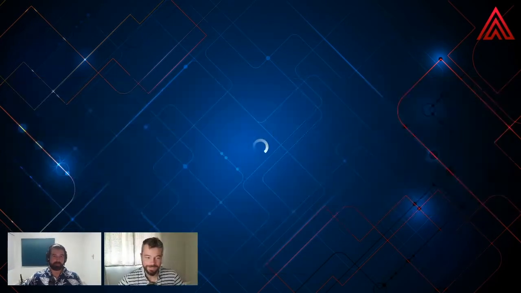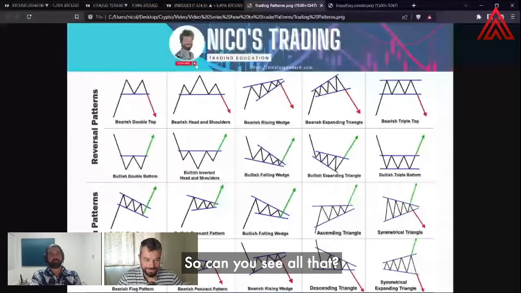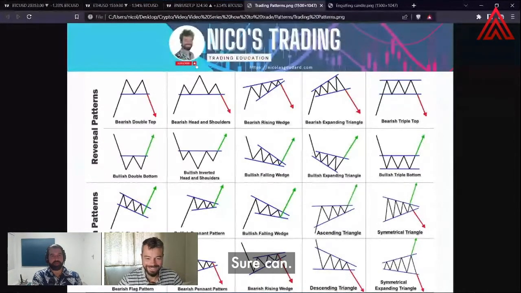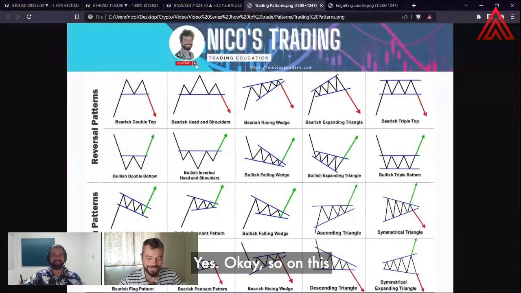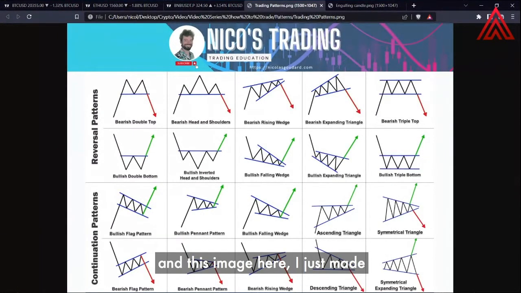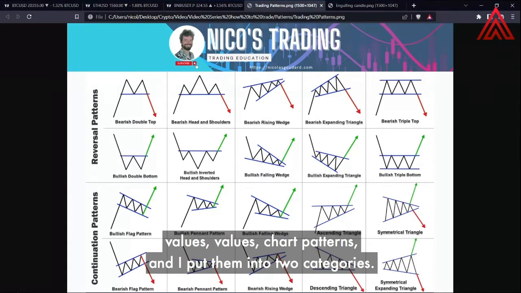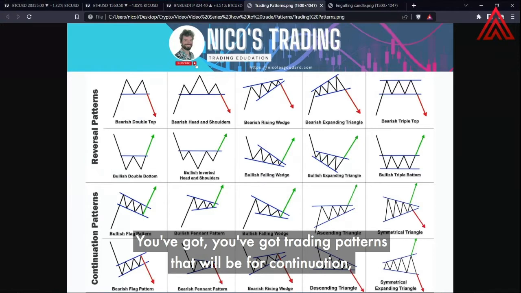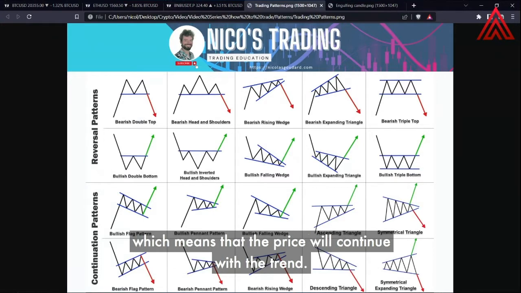Okay. Here we are. Can you see all that? Sure can. Yes. Okay. So on this image, I made a condensed set of various chart patterns, and I put them into two categories. You've got trading patterns for continuation, which means that the price will continue with the trend.